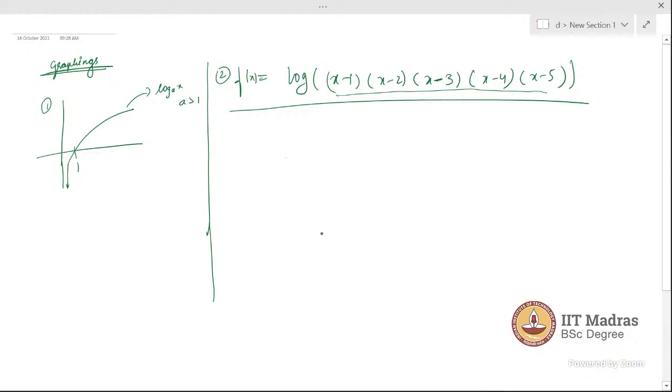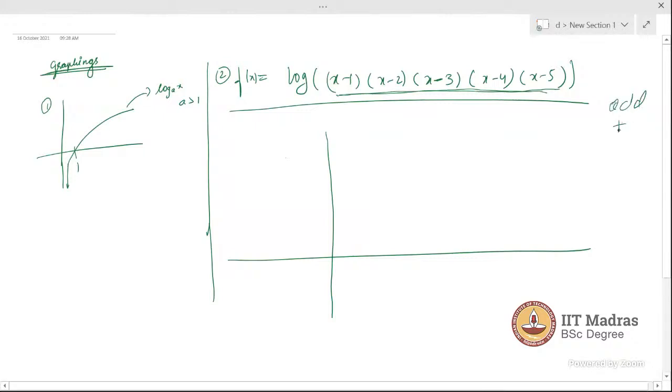Now, what is the degree of this polynomial? It is a 5 degree polynomial, so it is odd, and the leading coefficient is positive. So the graph has to go something like this. Correct? Correct. Let's say this is 1, 2, 3, and then 4, 5. Maybe I can give some space.